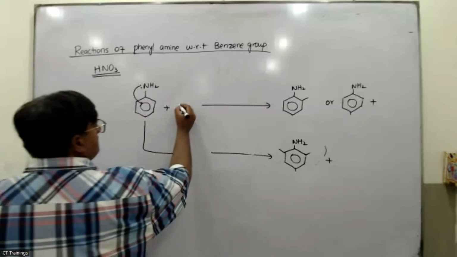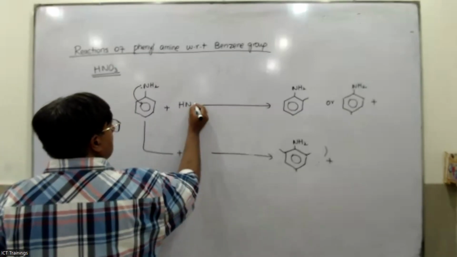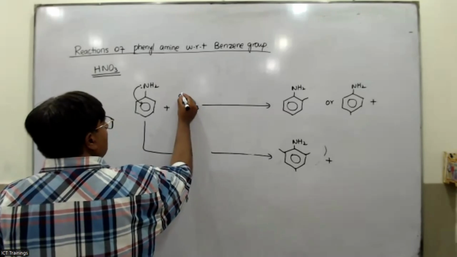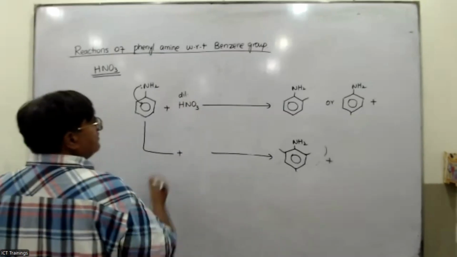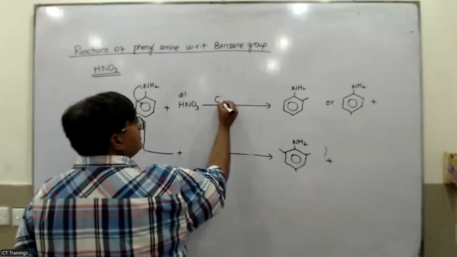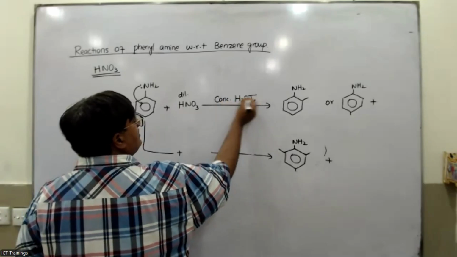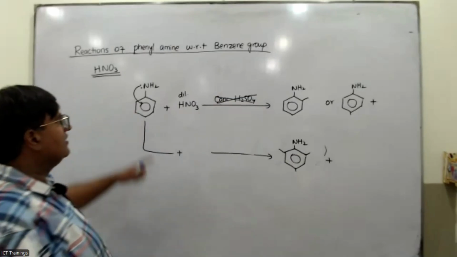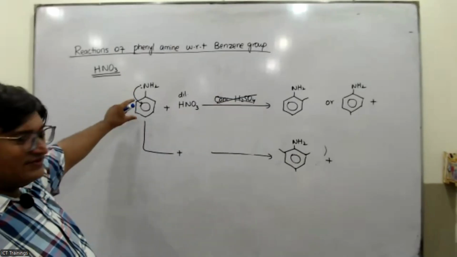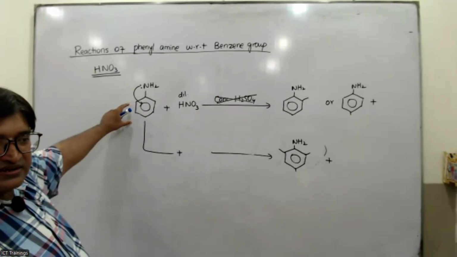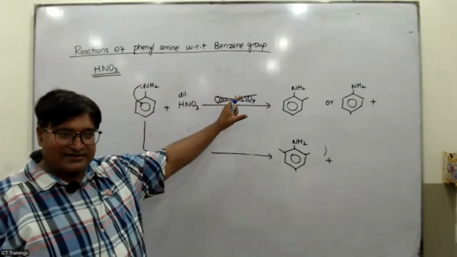Okay, guys, so we are going to start with the next reaction, that is with nitric acid. HNO3, this is dilute nitric acid. With dilute nitric acid, concentrated sulfuric acid shouldn't be used as a catalyst. Why? Because I told you that the reactivity of the benzene has been increased, so no need to use the catalyst.